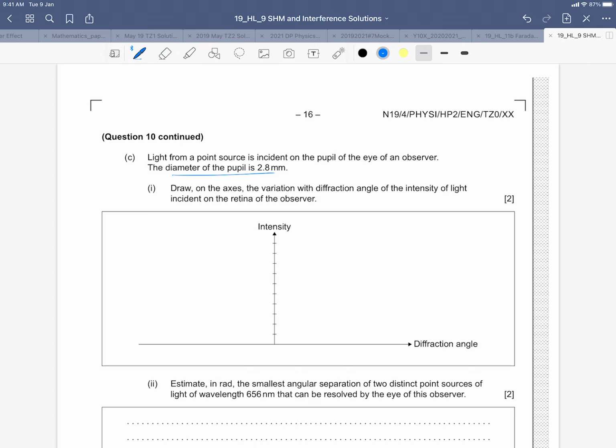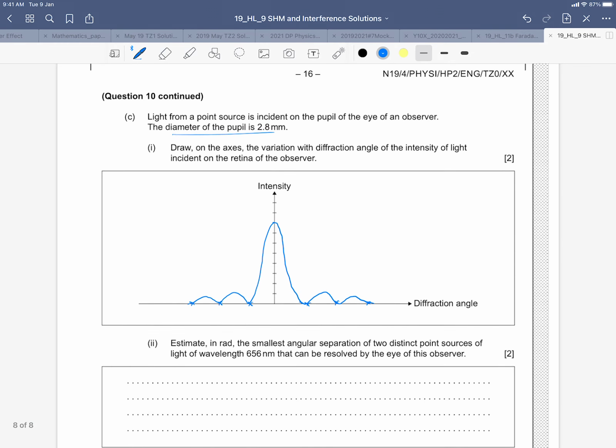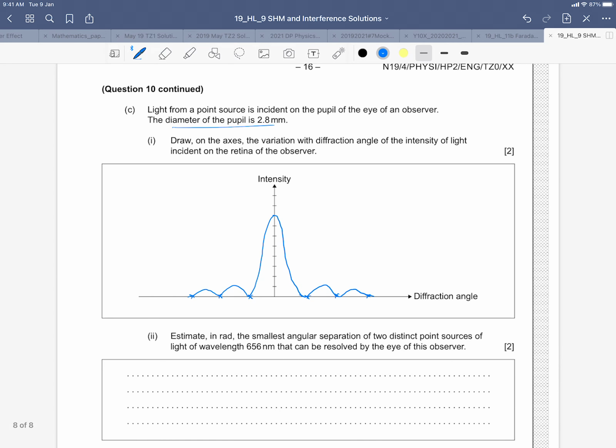So when light travels through this small opening, then light undergoes diffraction, and we know that we have a bright central peak that then goes to a minimum, and then all the minima are equally spaced out, but the secondary maxima, remember, are much smaller than the central maximum. So practice drawing out this single slit diffraction pattern. You need to know how to do that nicely.